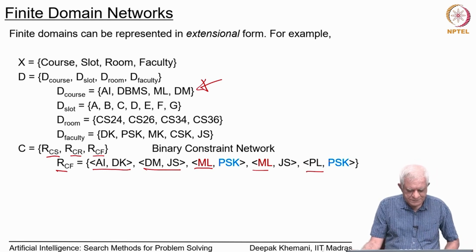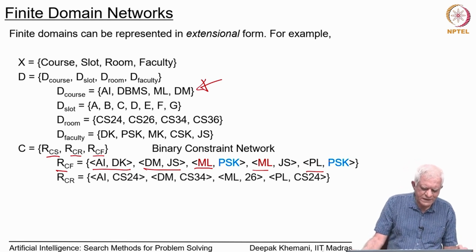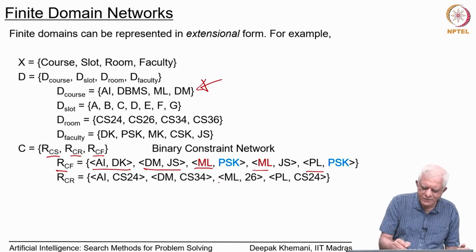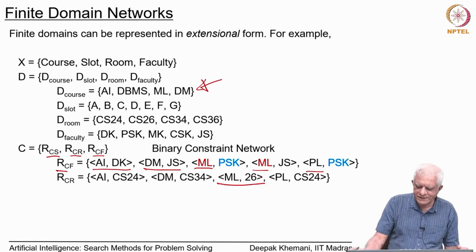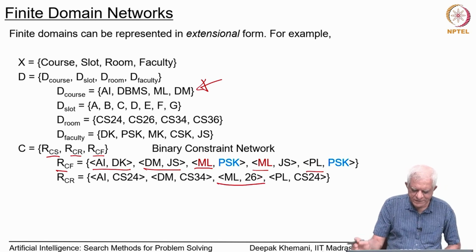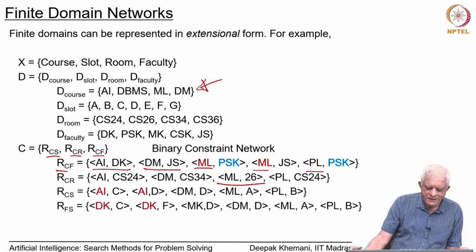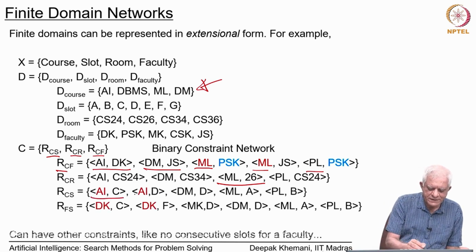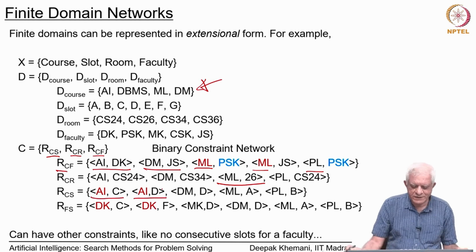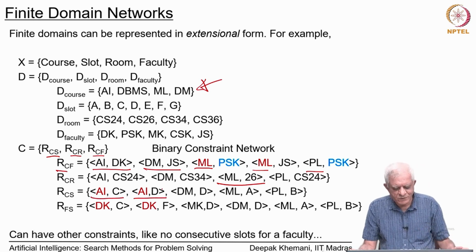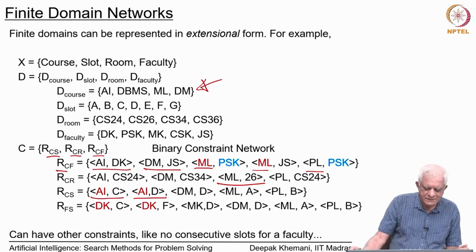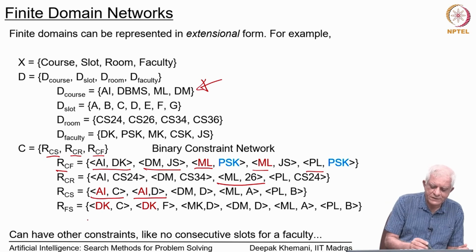Likewise, we can have a relation between courses and rooms, that some course can be in some rooms. So, for example, ML can be in 26. For some reason the department may introduce these kinds of constraints. And in terms of slots, for example, you might say that AI can be in C slot or in D slot, and likewise for other courses, and faculty and slot preferences.